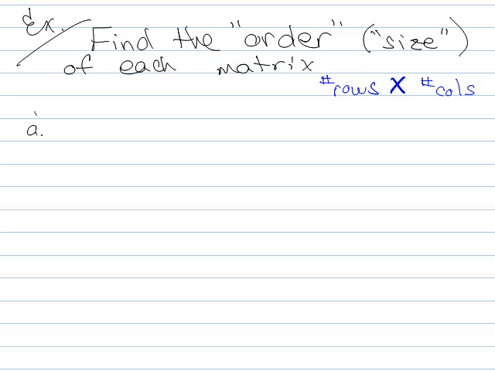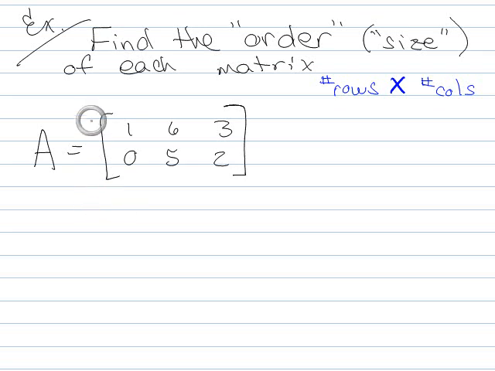Okay, so let's look at this one. Say we have 1, 6, 3, 0, 5, 2. So if I want to know how big this is, what's the size, what's the order of this matrix, I'm going to go down.